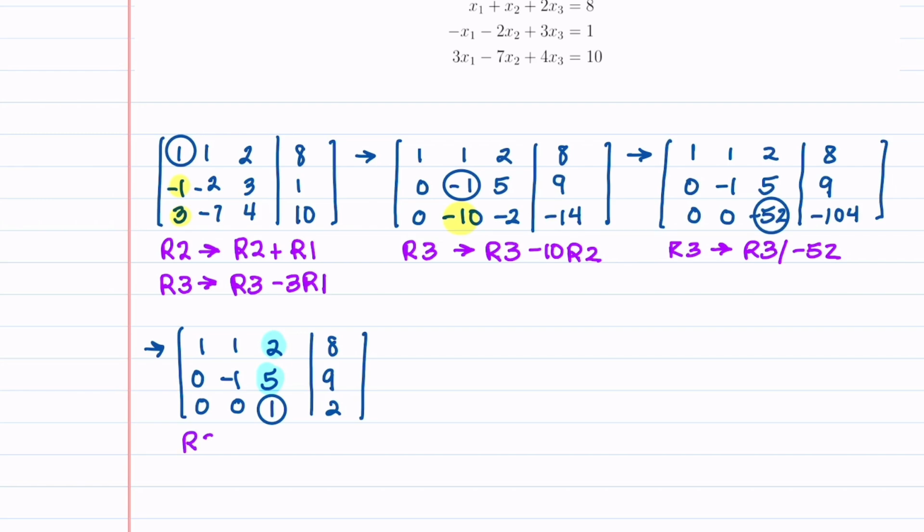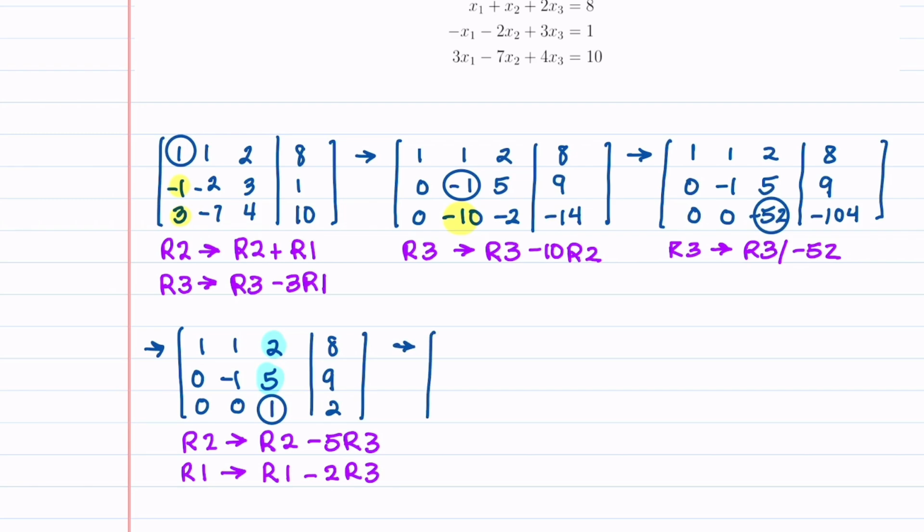So let's go ahead and write down these row operations. We're going to take row 2 and replace it with row 2 minus 5 times row 3. And then we're going to take row 1 and replace it with row 1 minus 2 times row 3. Let's go ahead and do that.